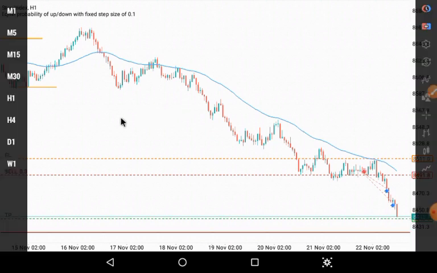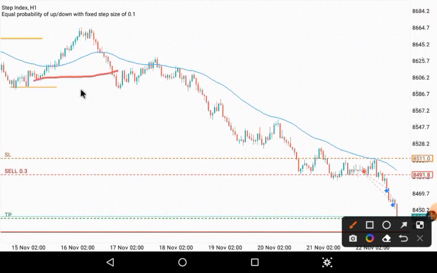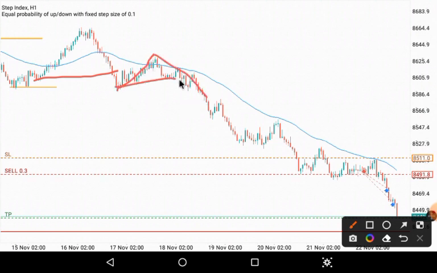Okay, so what I just did was identify my market structure. As you can see, looking at this point, this is the market structure starting from here. Price took a market structure, got a pullback, then continued, took a market structure again here. It got into a pullback, then continued downwards, taking out the structure again.